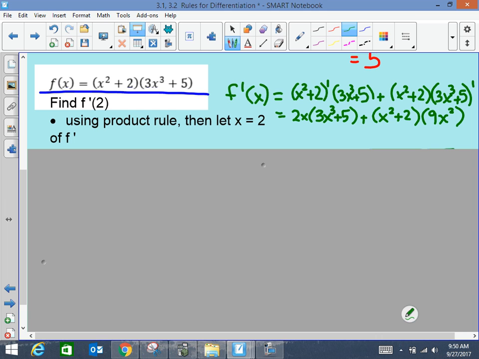It's up to you. You've got a lot of 2's to put in at this point, so I'm going to go ahead and clean up. 6x to the 4th. But you are going to spend a little bit of time cleaning up.